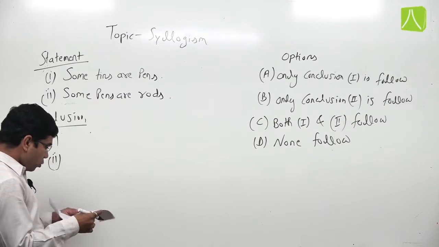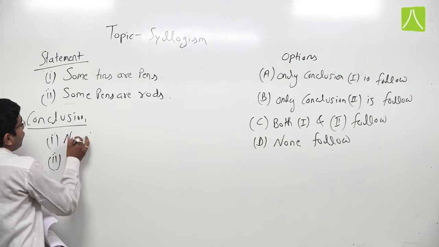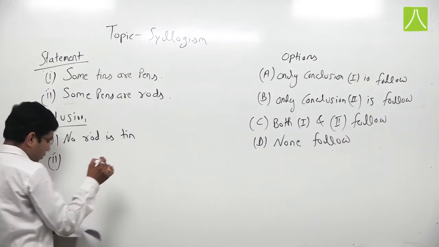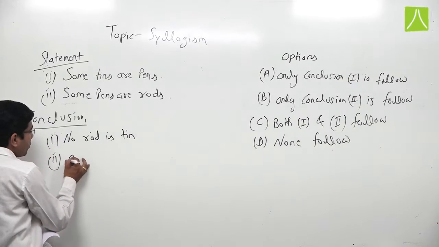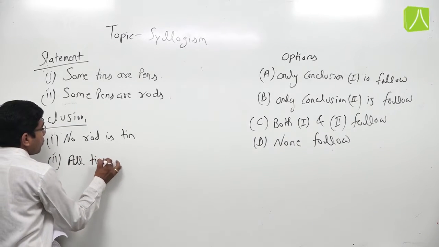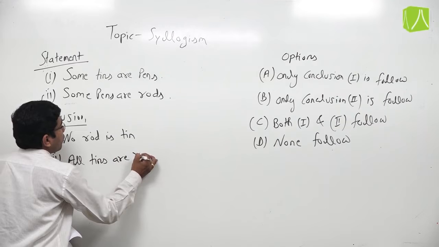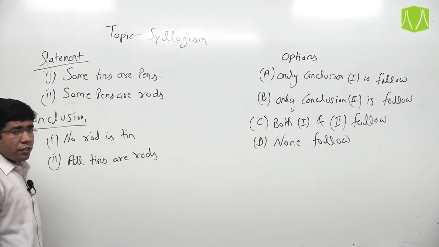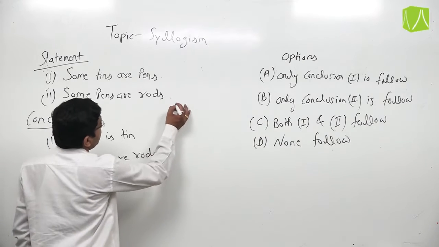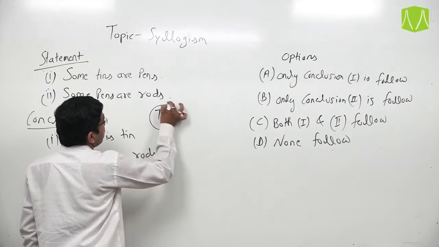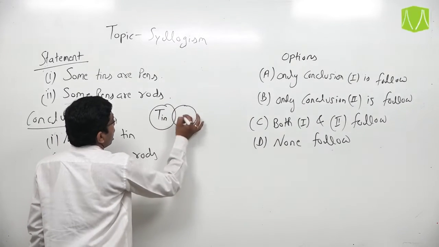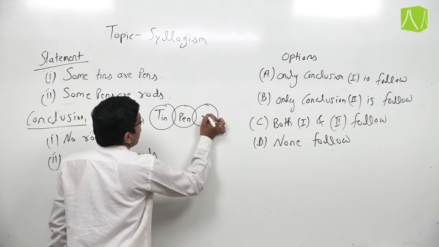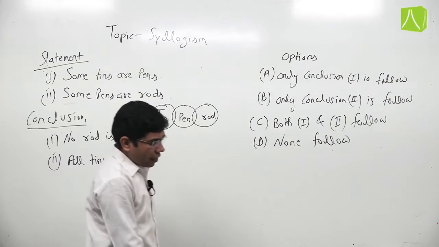On the basis of these two statements, we have to find two conclusions: first, no road is tin, and second, all tens are roads. Now first we make the basic diagram. Some tens are pens and some pens are roads. It is our basic diagram.